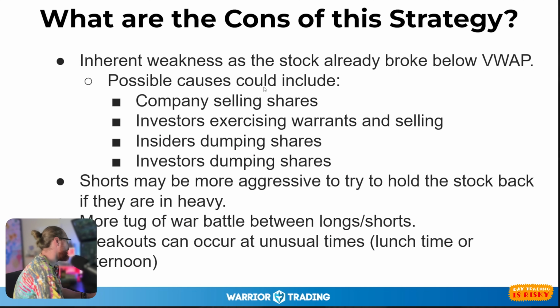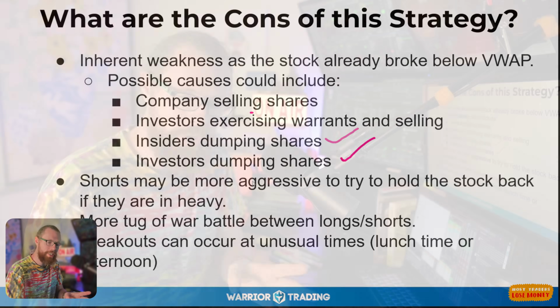The cons of this strategy is that there's inherent weakness because the stock already broke below VWAP, right? Possible causes could include, as I mentioned earlier, the company selling shares, investors exercising warrants and selling shares, insiders dumping shares, investors dumping shares, selling. Something is creating an imbalance to the sell side.